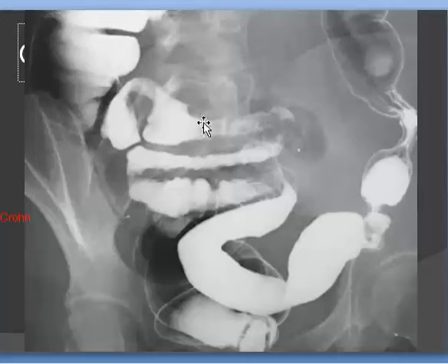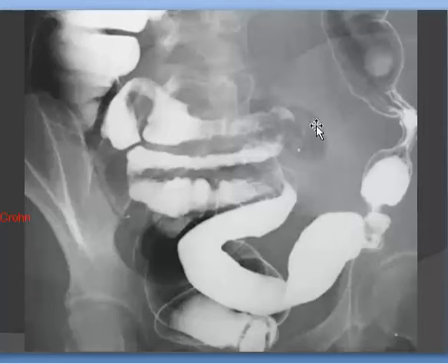This is the typical appearance of Crohn's disease. As we get diseased parts, skipped parts, diseased, skipped, etc. So skip lesions, number one.